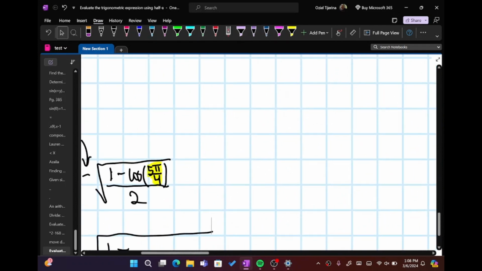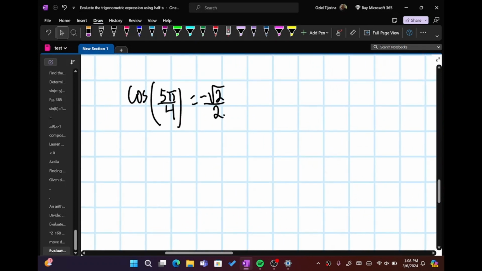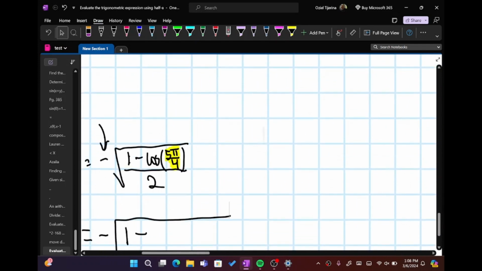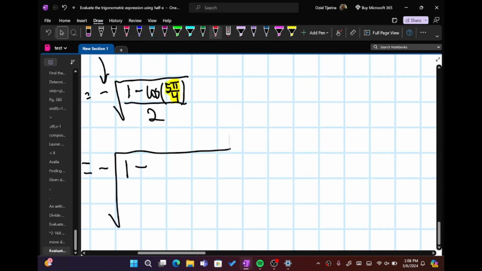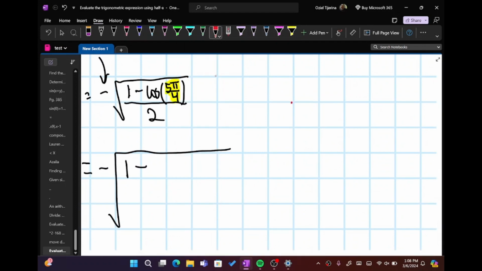Now we're going to substitute this in. So it's going to be 1 minus the quantity negative the square root of 2 over 2.